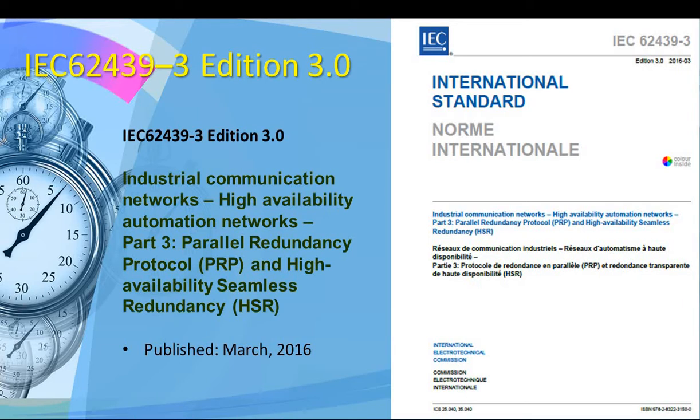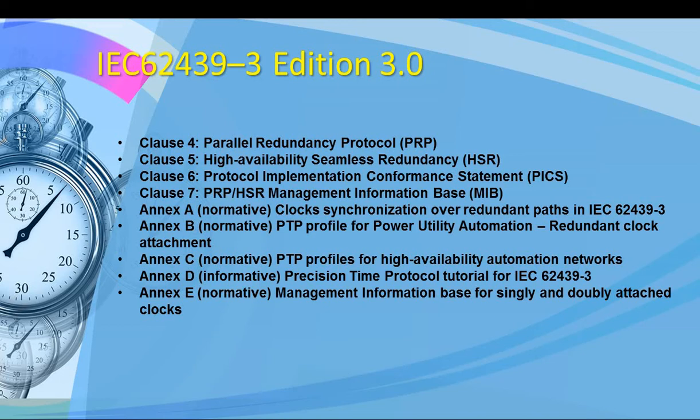IEC released 62439-3 version 3 in March 2016. This is the latest version of this PRP and HSR standard. This is the summary of the content: clauses 4, 5, 6, 7 are the same as before.